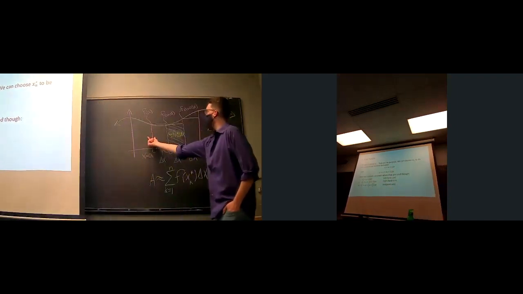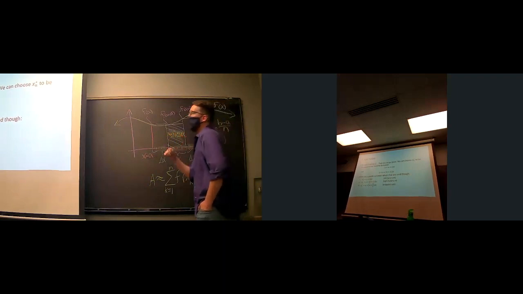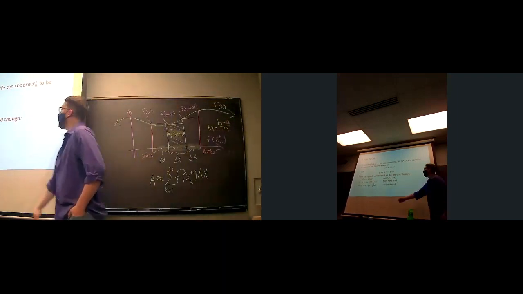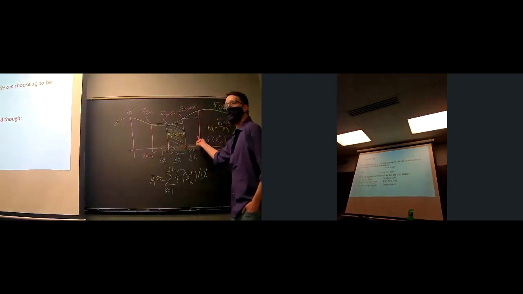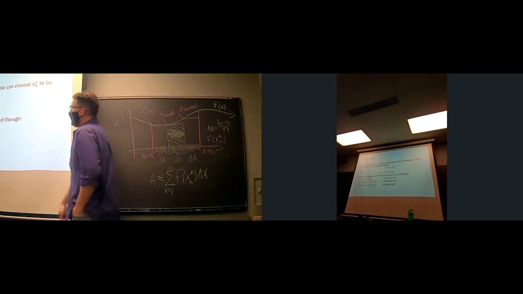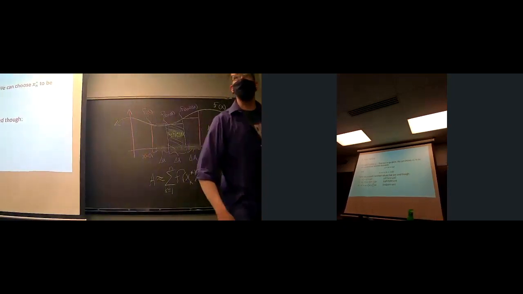So we're pulling from the left side of each rectangle. The right-hand sum is going to be pulling from the right side of each rectangle. And the midpoint is just going to say take the middle. Make sense?